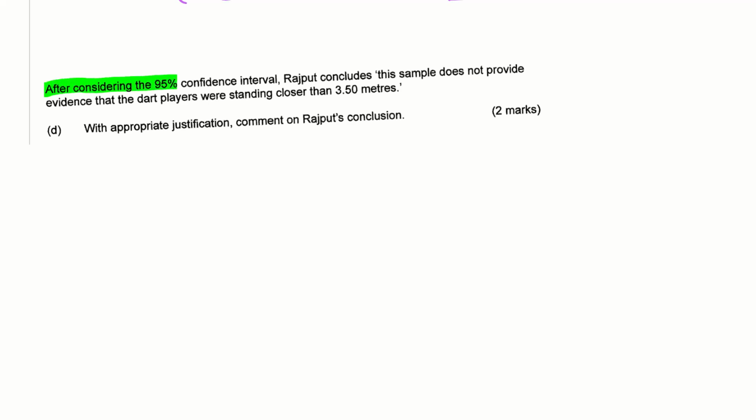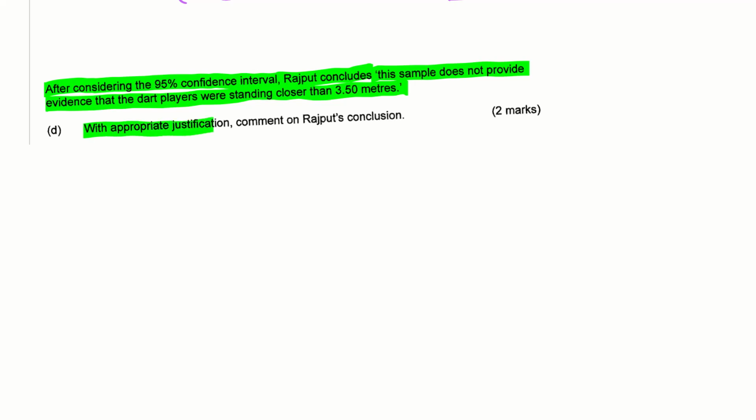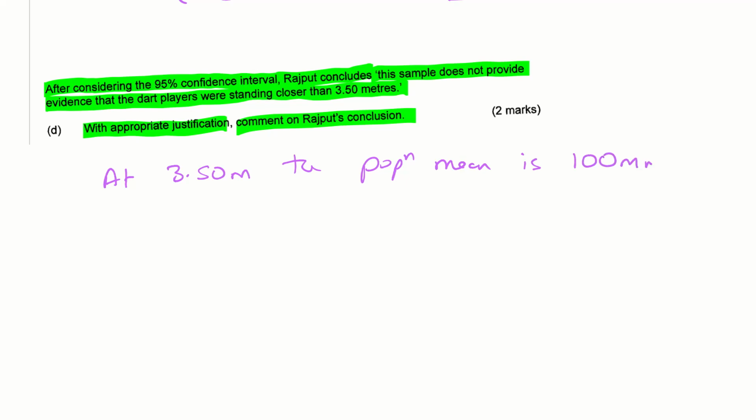After considering the 95% confidence interval, Rajput concludes that this sample does not provide evidence that the dart players were standing closer than 3.50 meters. With appropriate justification, comment on Rajput's conclusion. So we know that at 3.50 meters, the population mean is 100 millimeters.